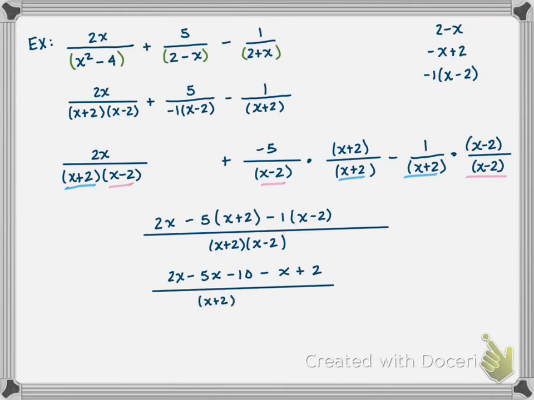This one works out really nice. These can look really messy, but a lot of times they just simplify down to something really nice. So 2x minus 5x is negative 3x, minus another x is negative 4x. And then negative 10 plus 2 is negative 8.